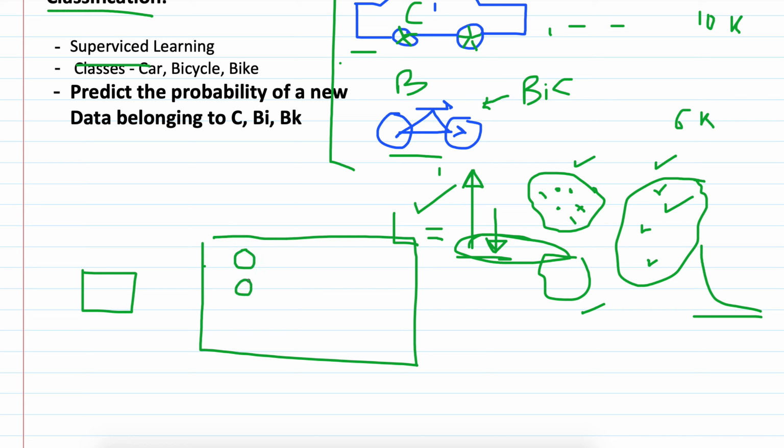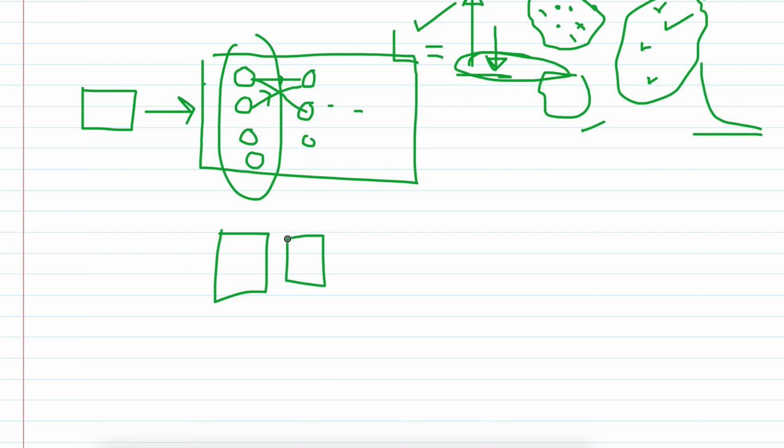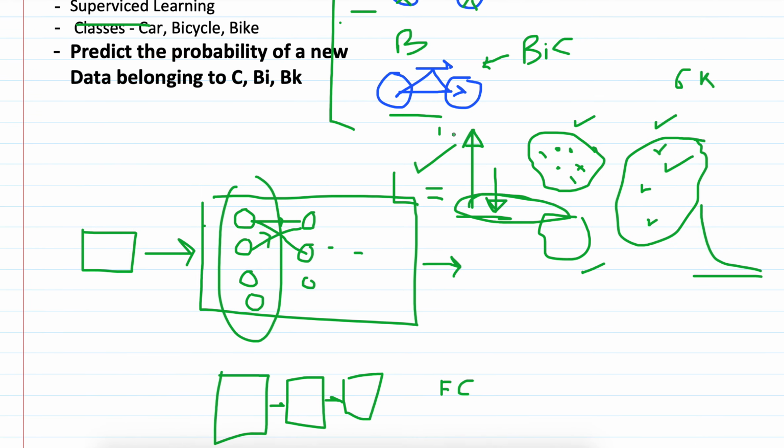In case of convolutional neural networks, which will be used for image processing tasks, these layers, instead of being individual nodes, will be either convolution layers or padding layers or pooling layers, and in the end we will have some fully connected layers like these, and ultimately it will predict the output.